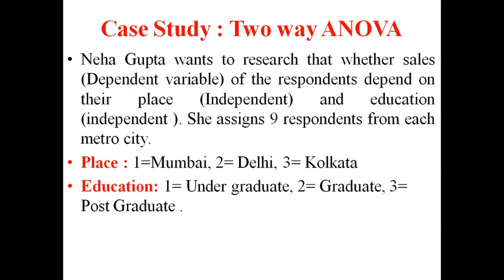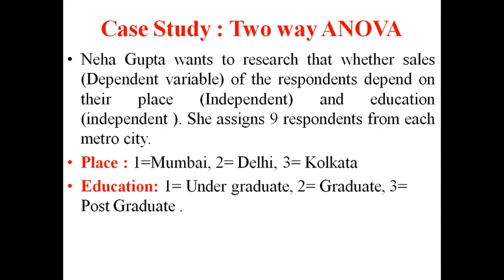Now we are considering one case study. Neha Gupta wants to research whether sales, the dependent variable, of the respondents depend on their place, an independent variable, and education, another independent variable, and she assigns 9 respondents from each metro city. So you can see one dependent variable, sales, and two independent variables, place and education.